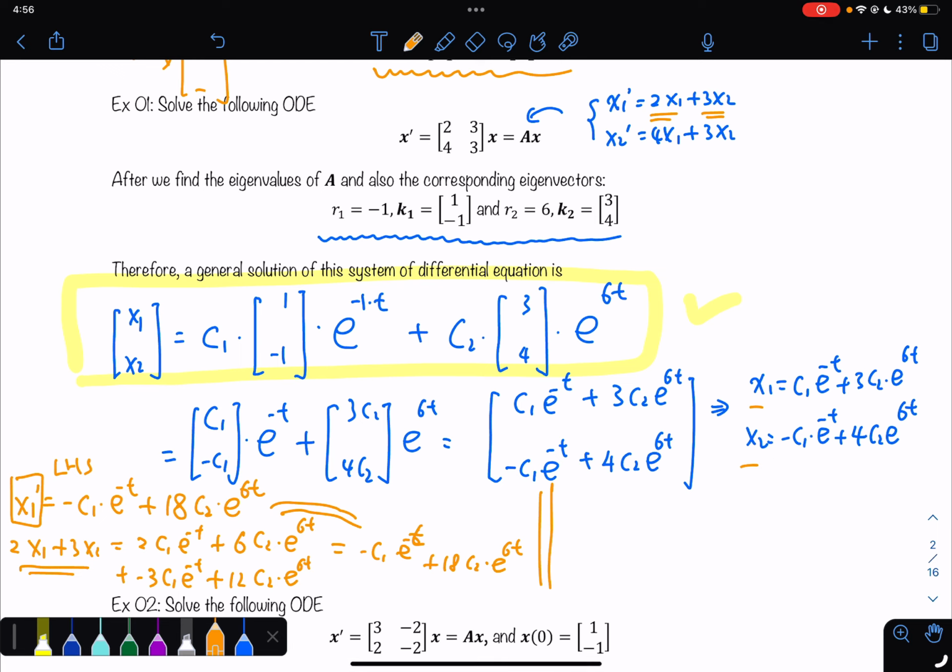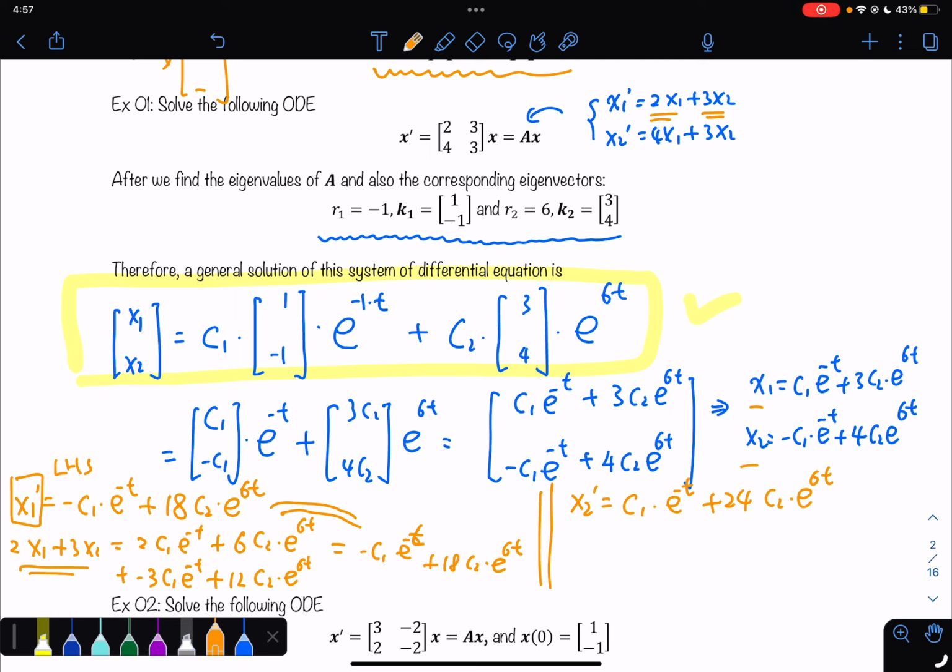I can verify the x2 part very quickly. X2 prime from that is negative c1 times e to the negative t times negative 1, so it's c1 e to the negative t plus 24 c2 e to the 6t.